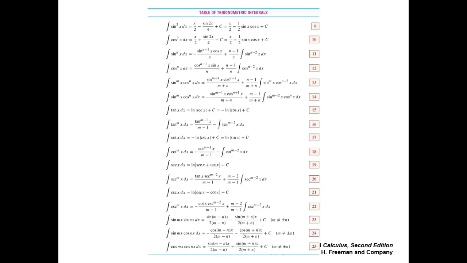Then cosecant mx is mostly sign changes and cofunctions, but you don't necessarily change all the signs, you change some of them. And then you've got your sine mx, sine nx, your sine mx, cosine nx, which we used, and then cosine mx, cosine nx. Okay.